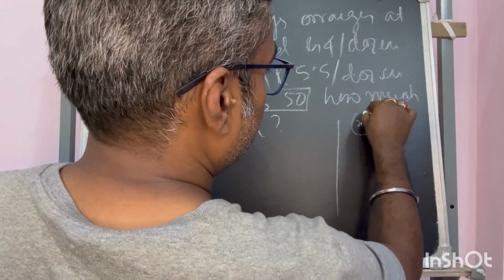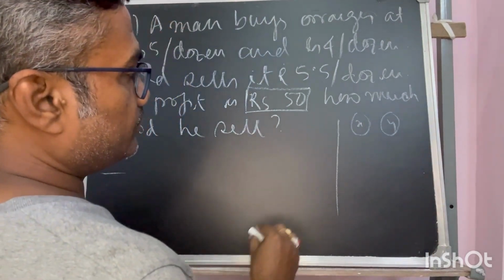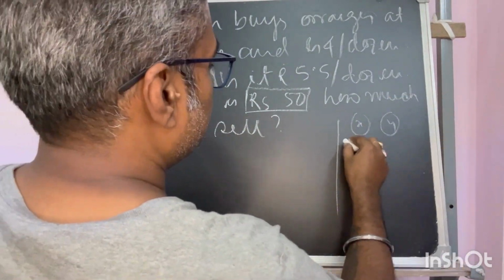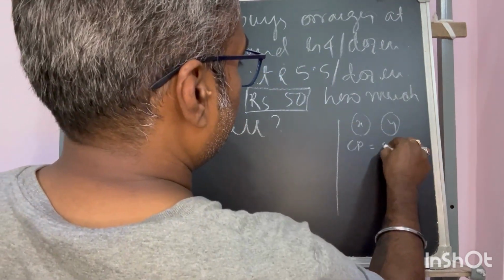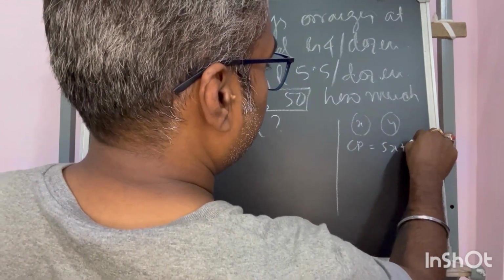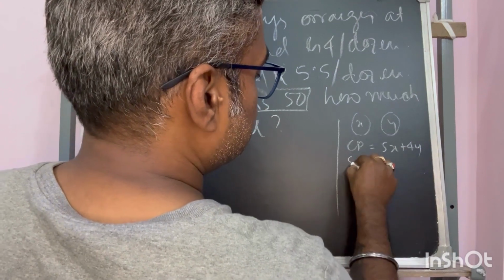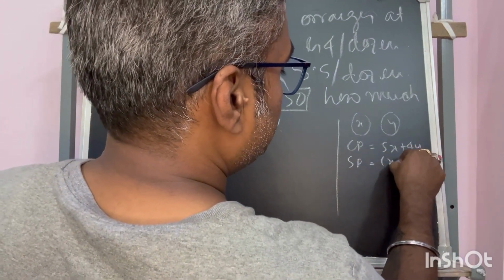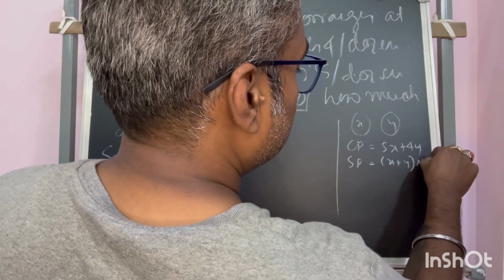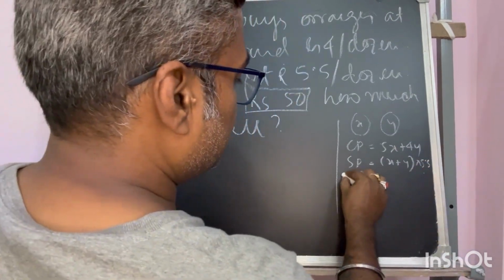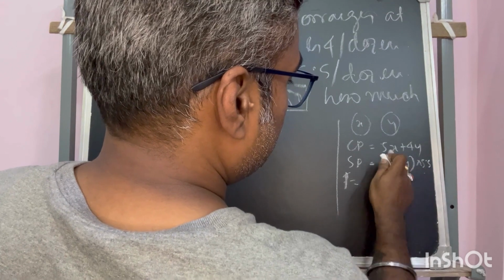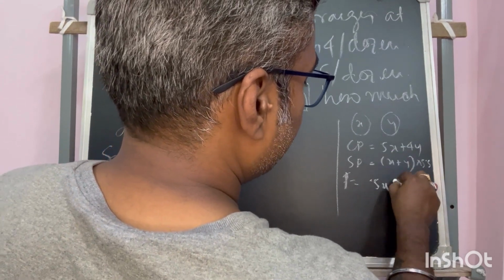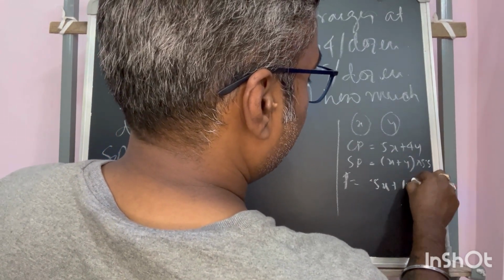If you assume x and y quantity, what would be your approach? The cost price for x quantity of the first and y quantity of the second is this, and the selling price is x plus y into the rate. Then profit is this minus this, equal to 0.5x plus 1.5y.